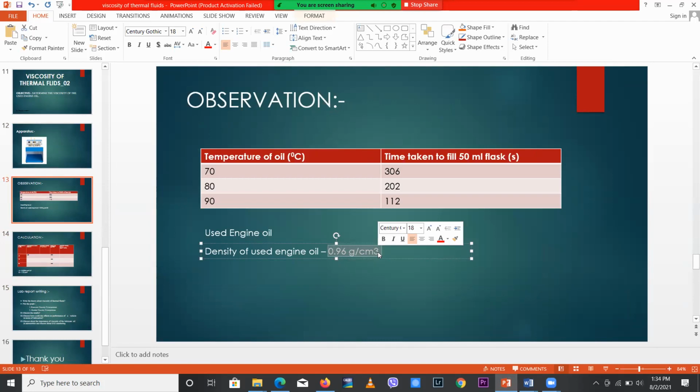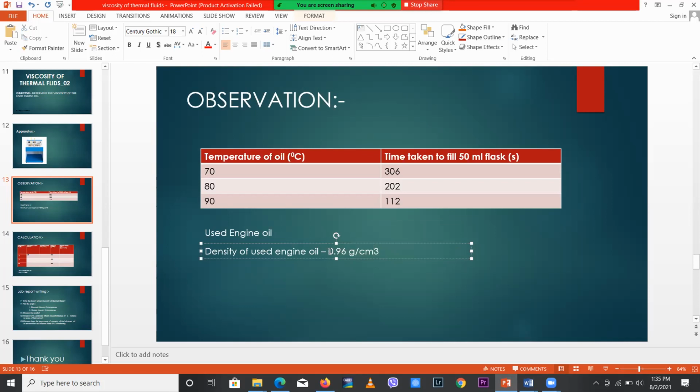We can't say exactly, but the density of the used oil will always be higher than the new oil, so I took this from the internet.